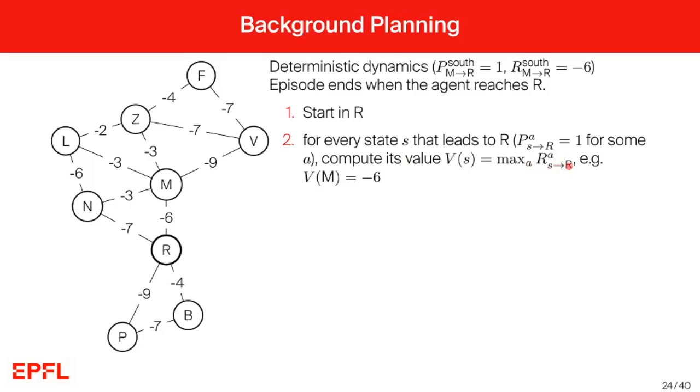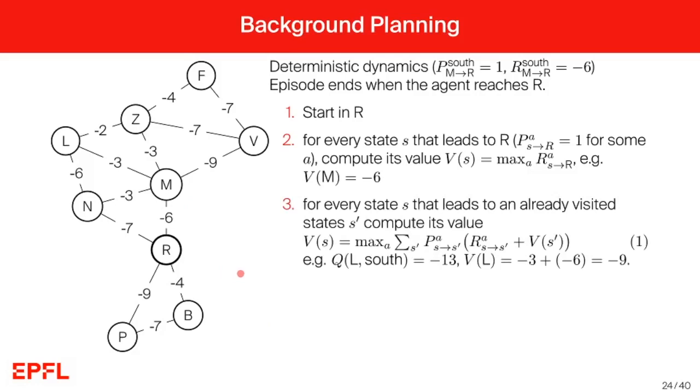In this simple example, it's only one because we have deterministic dynamics. And we would end up, for example, with the value of Milan being -6, the value of Nice -7, value of Palermo -9, value of Bari -4. Now, having computed the values of the neighboring cities of Rome, we can continue, and for every state S that leads to an already visited state S prime, compute its value with the following formula.